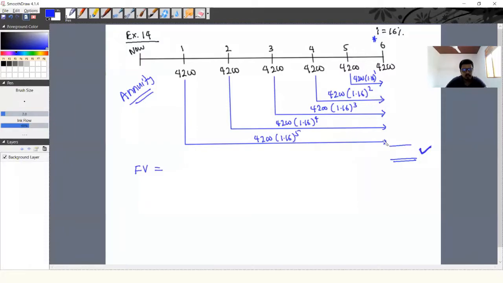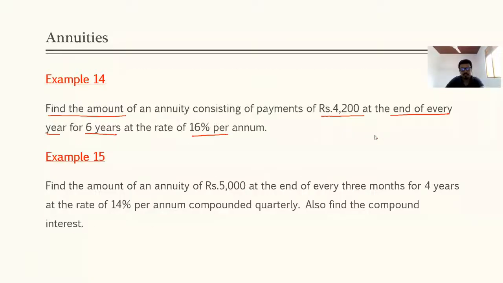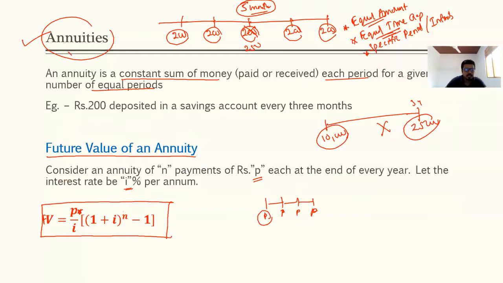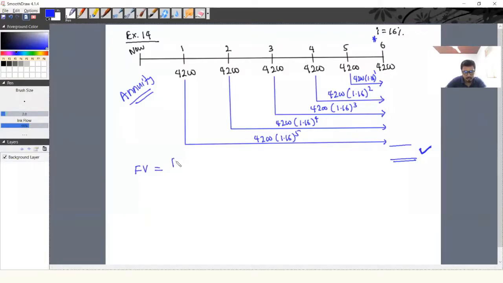What is the formula? P over I into 1 plus I to the power n minus 1. P over I, this is simple P, yeah? Capital P was principal.